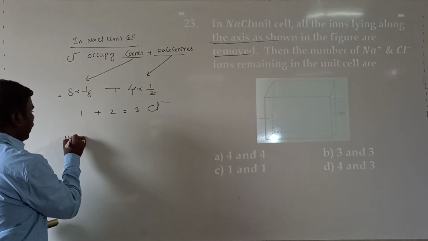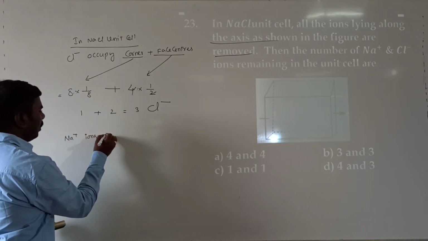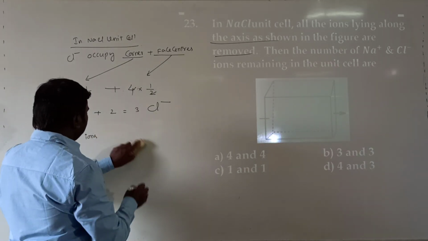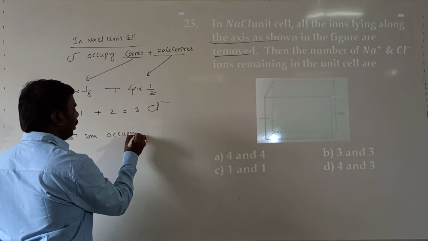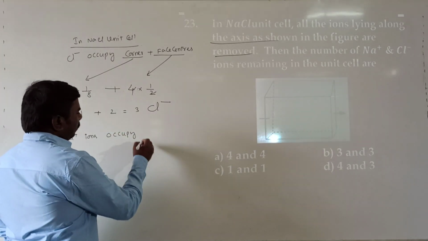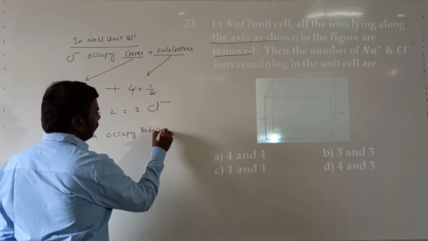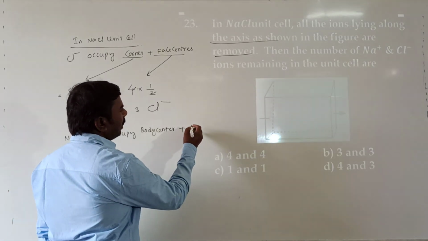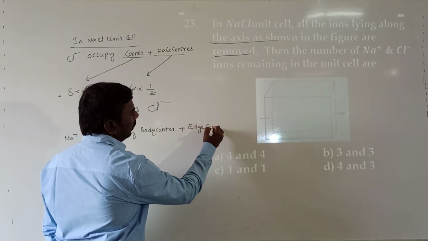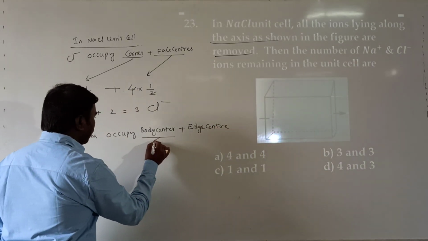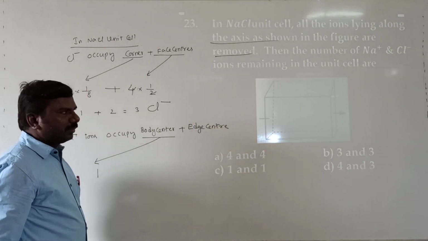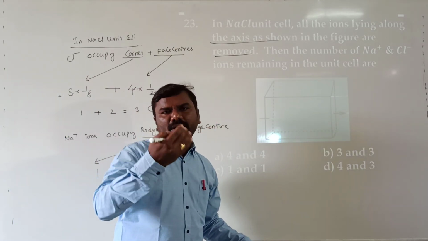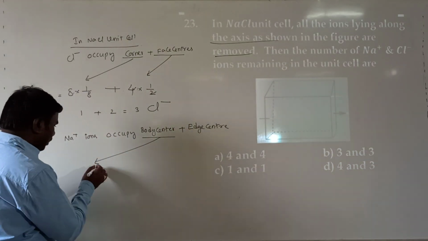Next, Na+ ions. Na+ ions occupy the body center plus edge centers. Body center contribution will be only 1, but actually the axis passes through the body center, so the body center atom is removed, that's why it will be 0.